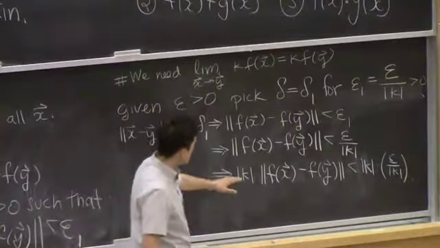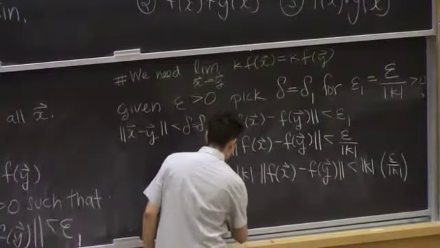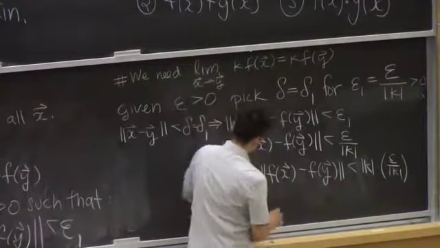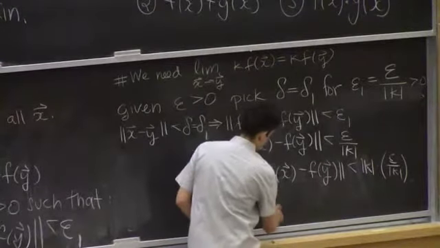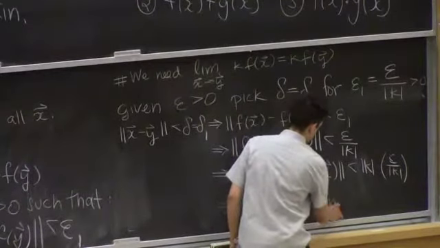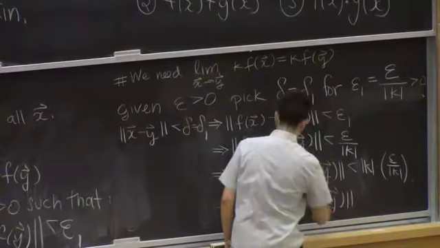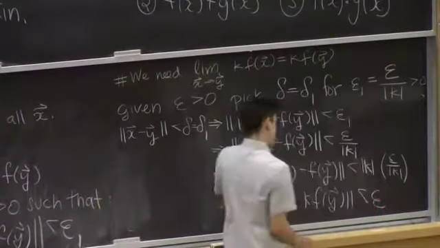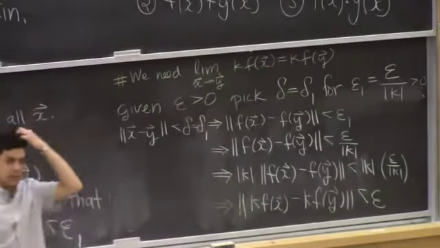We multiply both sides by k, and we get this thing's less than epsilon.